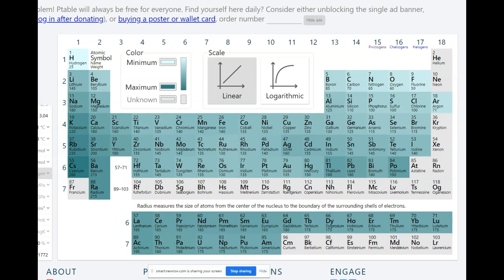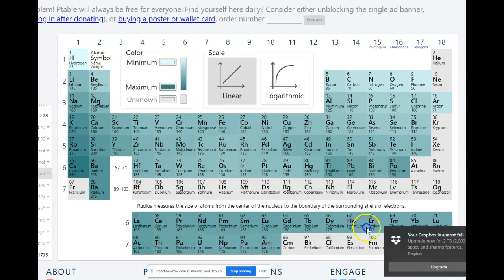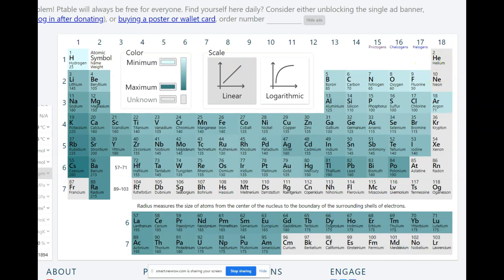So what I want to see is in a row, which atoms are smaller, the ones on the left or the ones on the right. The light blue is small and the dark blue is big. All right, so go ahead and tell me in the chat, which side, left or right, has the smaller atoms? The ones on the left side of our rows or on the right side of our rows? Absolutely, yeah. So as we go further into the right, you can see it gets lighter and lighter blue.